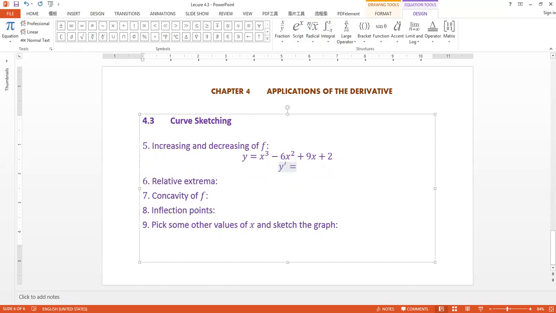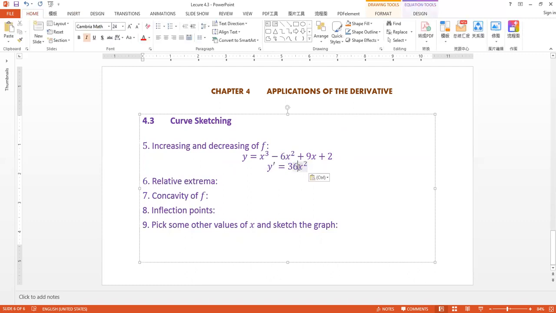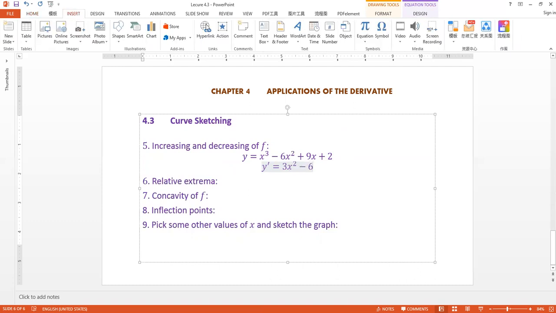So x cubed, we get 3 times x squared if we use the power rule. 3 to the front, and 3 minus 1 is 2, so that's the exponent. And then we have minus 6 times the derivative of x squared, which is just 2x.